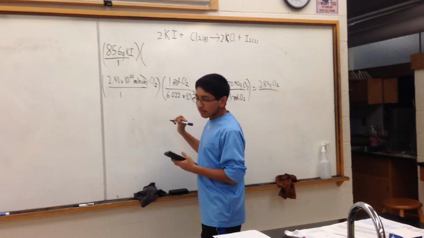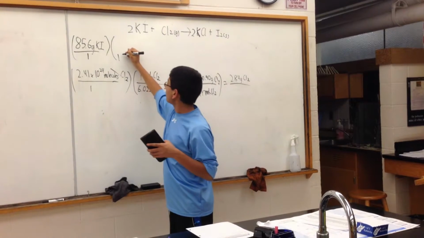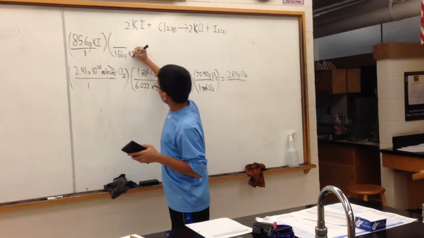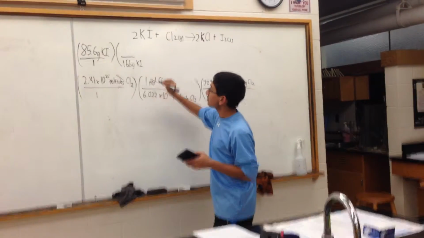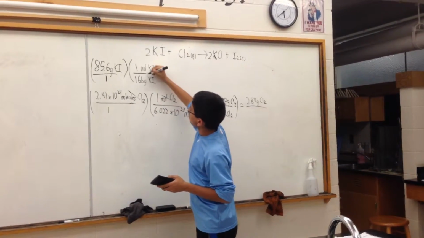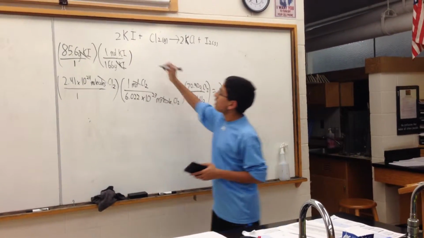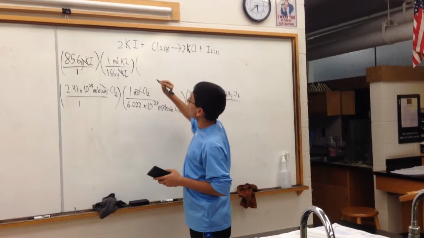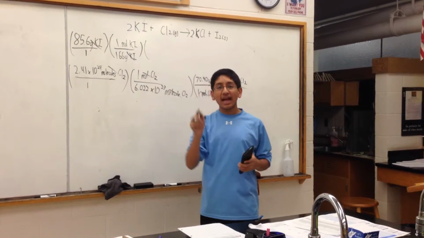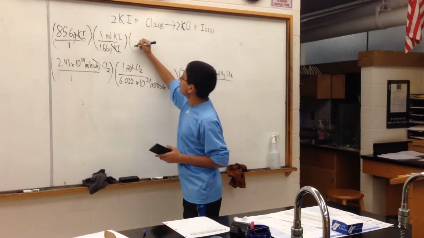So we're going to convert potassium iodide to moles, because moles are the gateway to finding everything you need. So for every 166 grams of potassium iodide, you get 1 mole of potassium iodide. So cancel out your units, grams of potassium iodide. Now that we have moles of potassium iodide, we're going to use a mole ratio, specifically a reactant to reactant mole ratio, which we use when we're trying to find the limiting reactant.